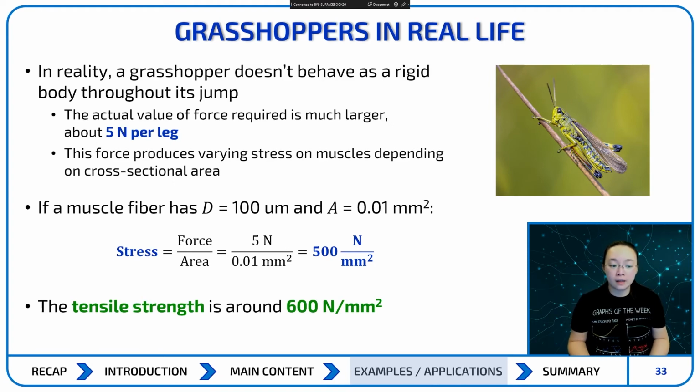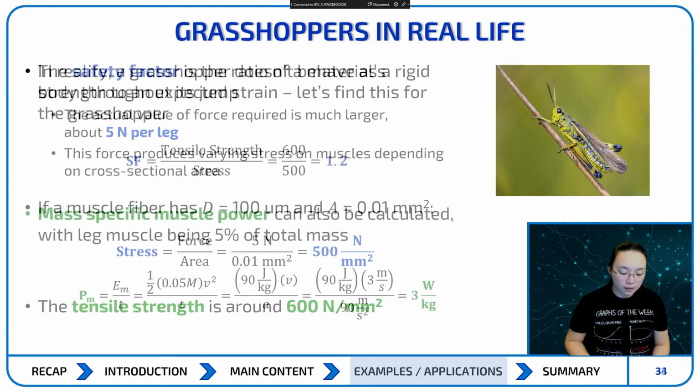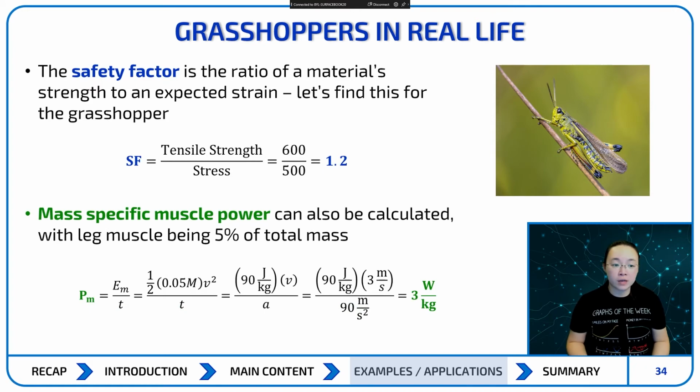If we were to analyze the safety factor, you divide the tensile strength by the stress, and in our case, you get 600 divided by 500, which is 1.2. So it might be good to try and figure out whether a higher safety factor is good or a lower safety factor is good.